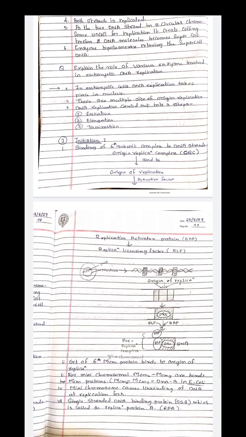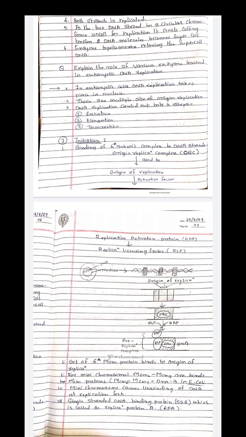In eukaryotes, this replication takes place in the nucleus, and there are many sites for the origin of replication. After the binding of the six minichromosome maintenance proteins, they form the replication activator protein and replication licensing factors, and they are combinedly called the pre-replication complex.